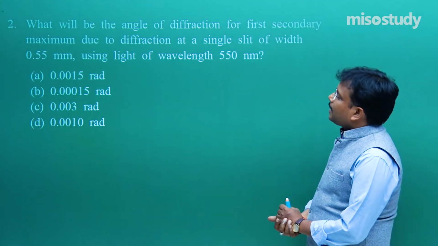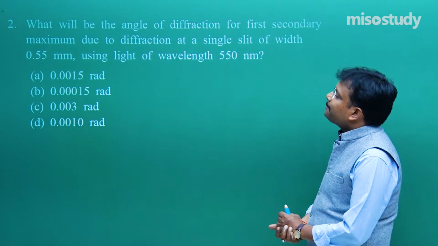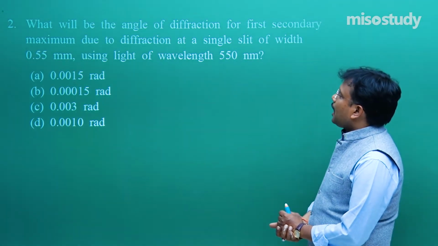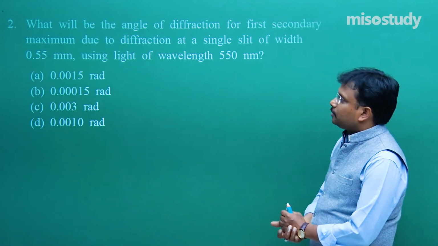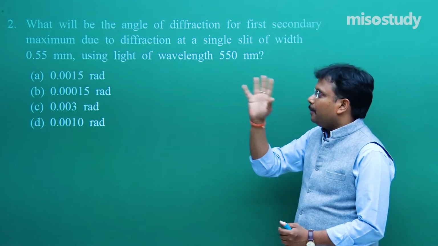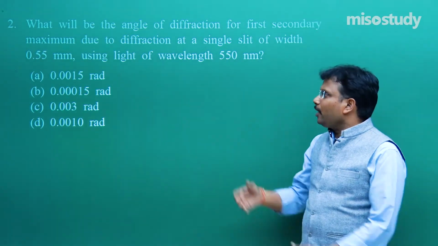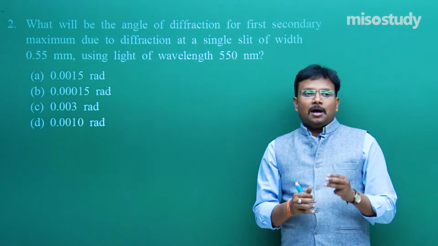What will be the angle of diffraction for first secondary maxima due to diffraction at a single slit of width d mm? For the time being, no need to recall the number, using light of wavelength lambda. Now, what exactly the question is?